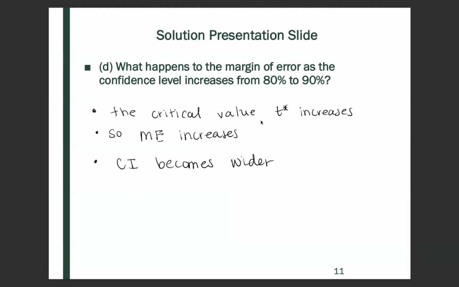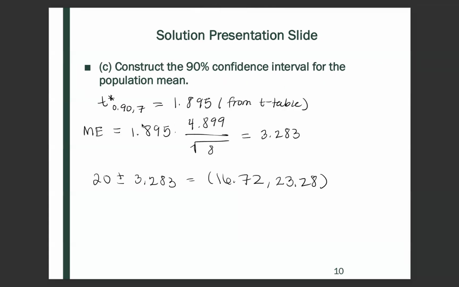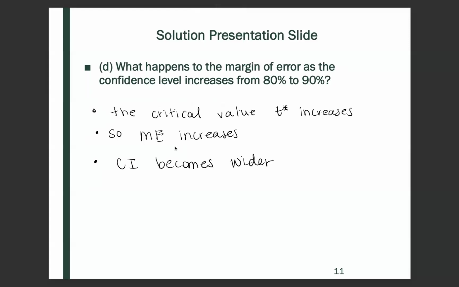And because of that, our margin of error increases because you can see that you have t star times the sample standard deviation divided by the square root of n. So when your t star increases, the margin of error increases. And so when we have a larger margin of error, the confidence interval then becomes wider. So that's what happens when you increase the confidence level.